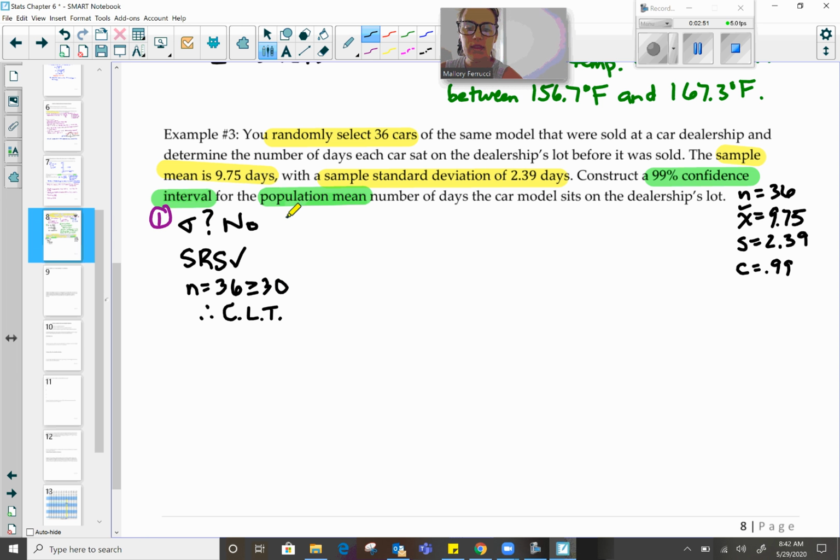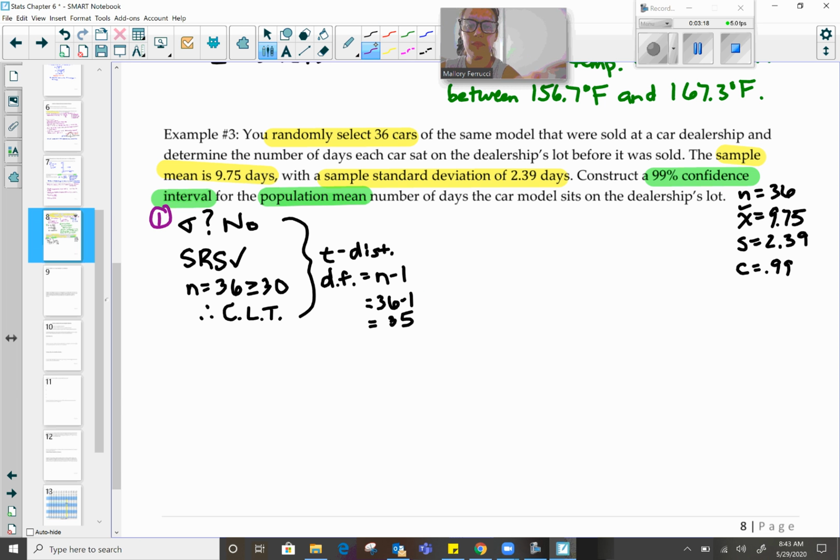So all of this is showing us that we're going to have a t distribution because we don't know sigma. Okay, and then the degree of freedom is n minus 1, so it's 36 minus 1 or 35.